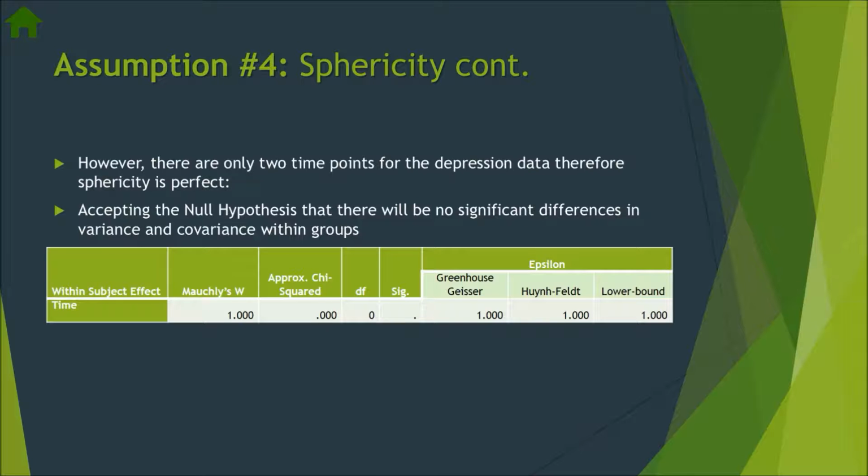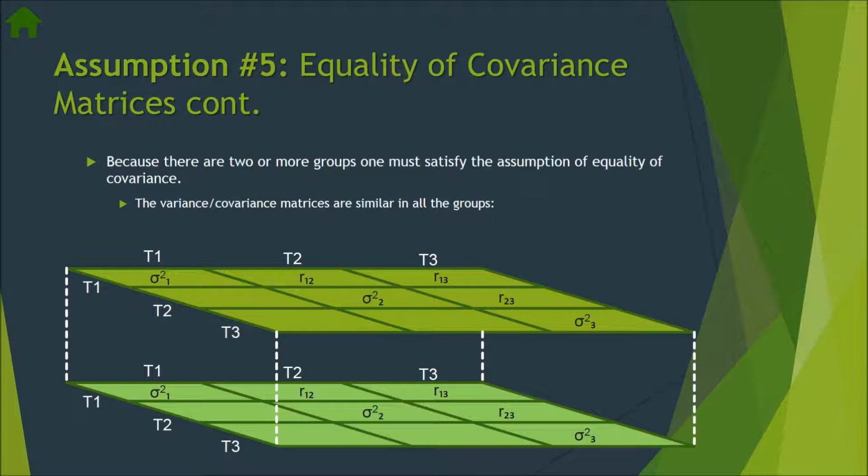correction factors. Assumption number 5, the equality of covariance matrices. Now this is an extension of sphericity. So equality of covariance matrices assumes that the covariance matrices are similar between all the groups.